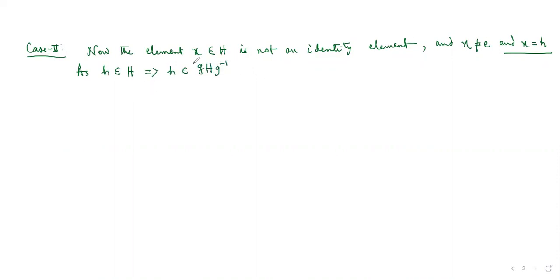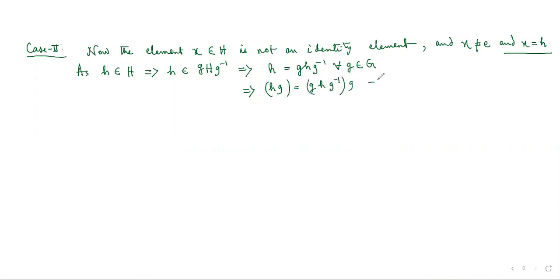And since h is an element of this set, h can be expressed as an element of the form g h g inverse, for all g belonging to capital G. We can multiply both sides by the element g of the group.